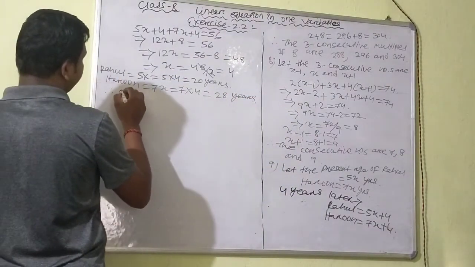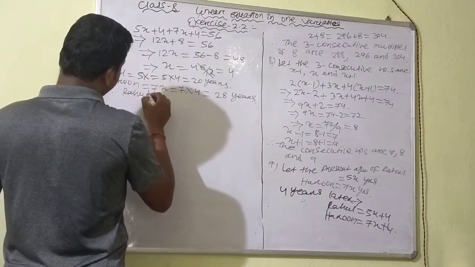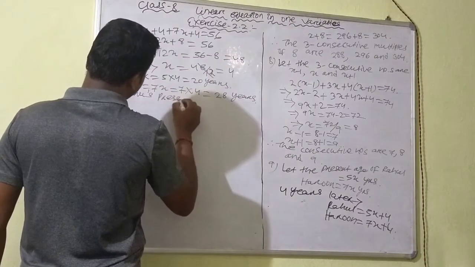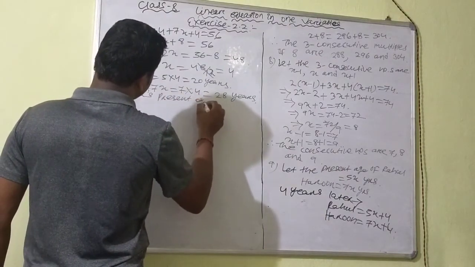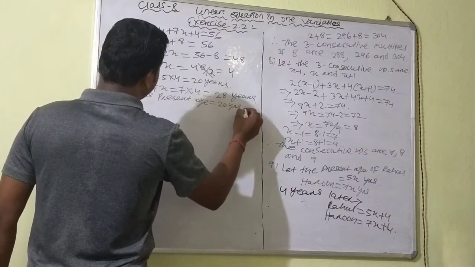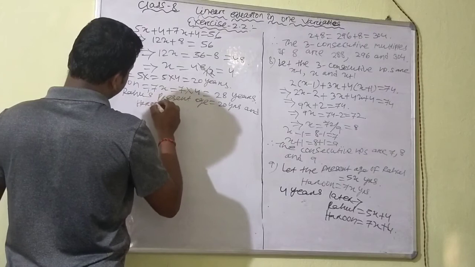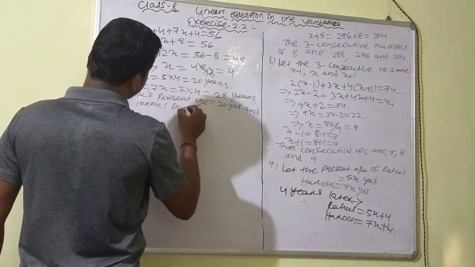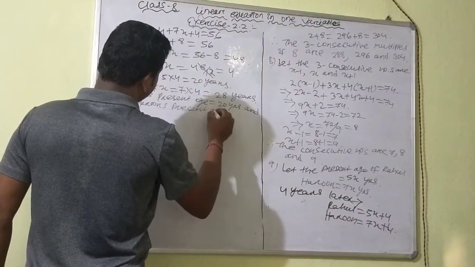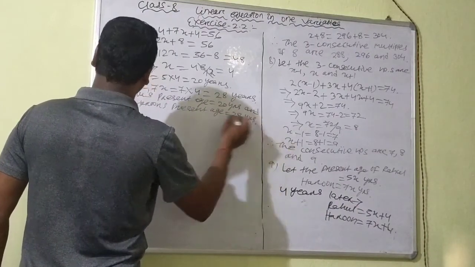Conclusion: therefore, Rahul's present age is 20 years and Harun's present age is 28 years.